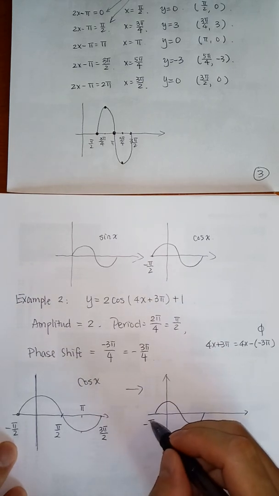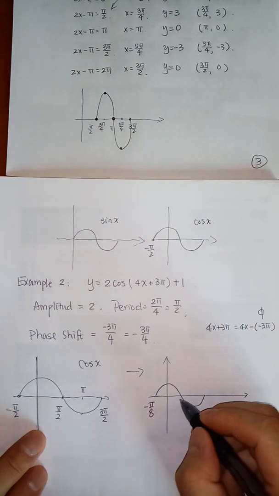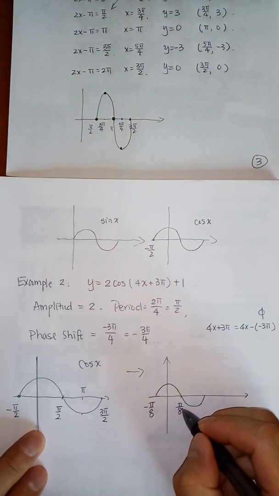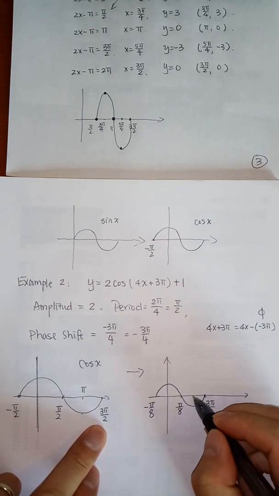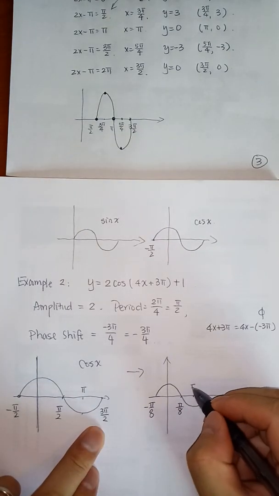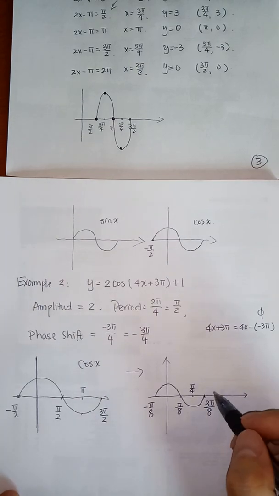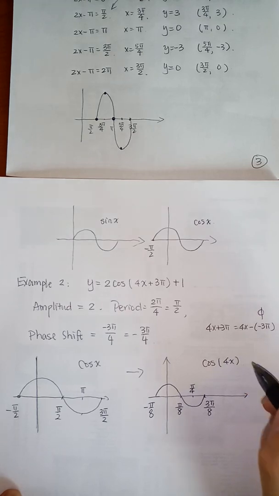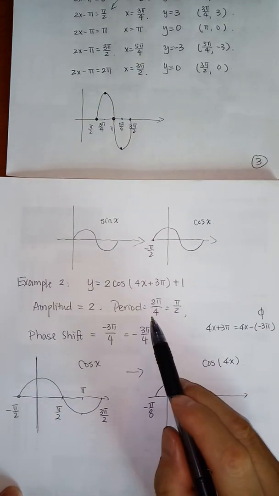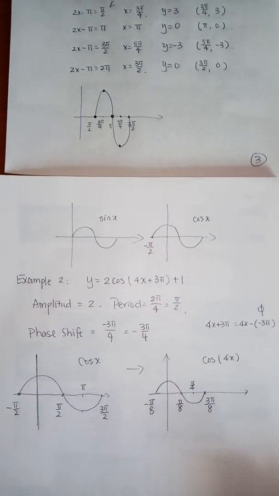So negative pi over 2 divided by 4 is negative pi over 8. Pi over 2 divided by 4 is pi over 8. Here, divided by 4 is 3 pi over 8. Pi divided by 4 is pi over 4. So the new graph is cosine 4x. Here, the period is divided by 4, then all the numbers will be divided by 4. Okay, so that's the way.